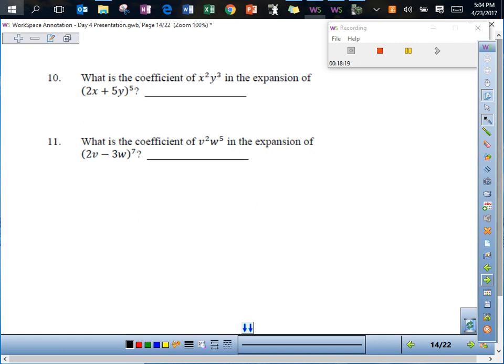My number 10 says this: what's the coefficient of x squared y cubed in the expansion of 2x plus 5y to the fifth? Well, here's what you need to do. Go look at row 5 on your Pascal's triangle. Those coefficients, once again, 1, 5, 10, 10, 5, and 1.